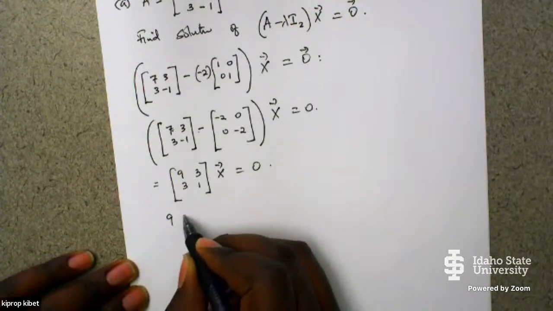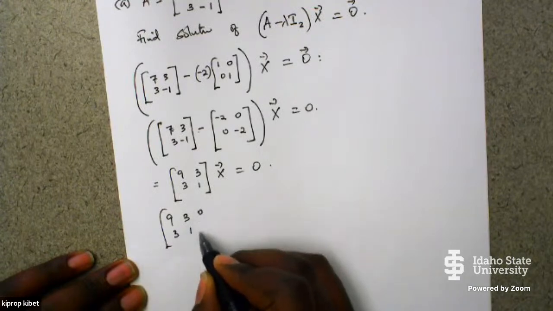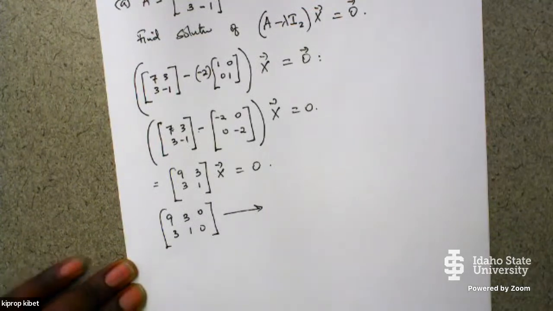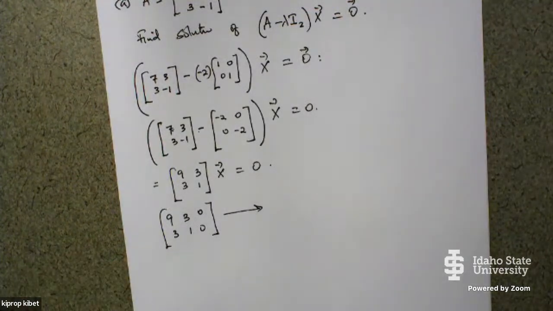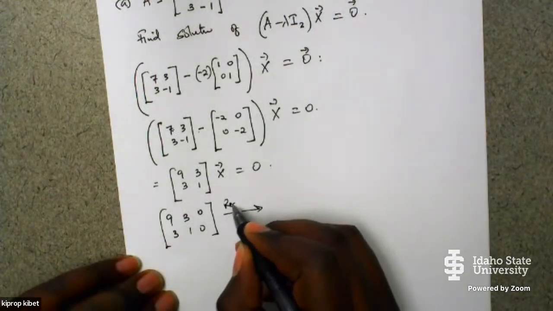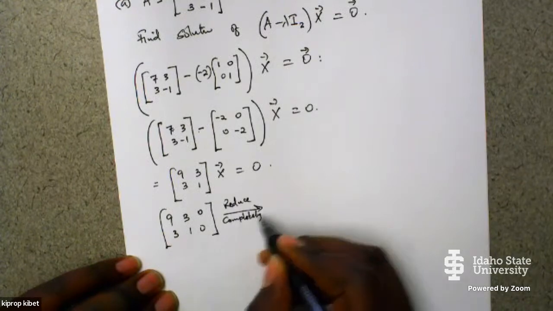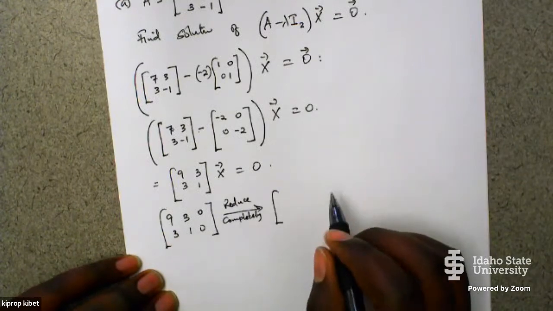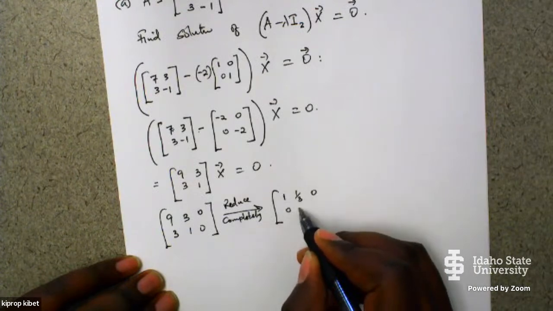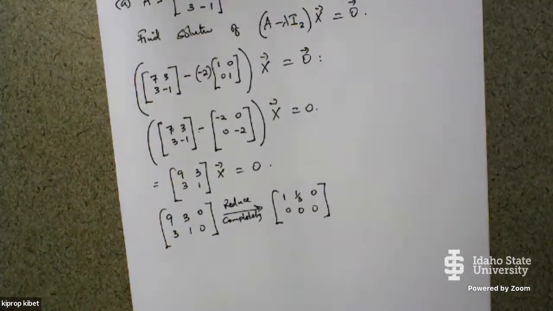We now put 9, 3, 3, 1 in an augmented matrix form with 0, 0, and then we reduce this completely. When we reduce this completely, what we get is 1, 1 over 3, 0, 0, 0, 0. So that is what we get.